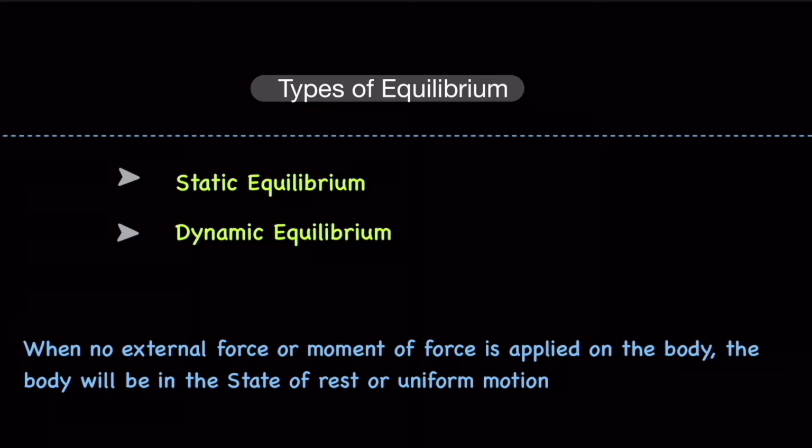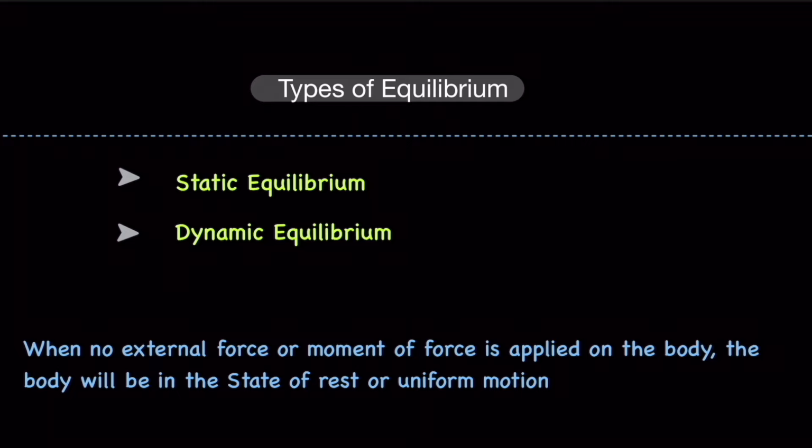What is dynamic equilibrium? Suppose in space, we know that it is a vacuum, and we throw a stone in space. So the stone will move with uniform motion because there is no external force acting in that environment. So in that case, net force is 0 and the moment of force is also 0. But it is a case of dynamic equilibrium because we are taking the body in uniform motion. So here the definitions are also mentioned.